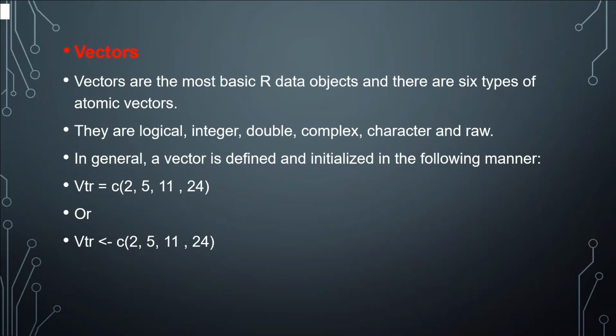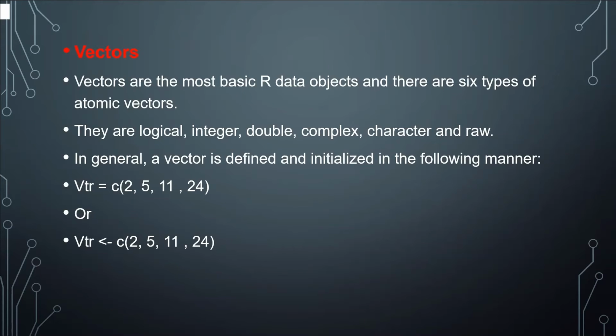So far understood. Let me tell you again. A vector is single dimensional, and it only holds a single type. Single dimensional, in the sense, either you have rows or you have columns. That's it.